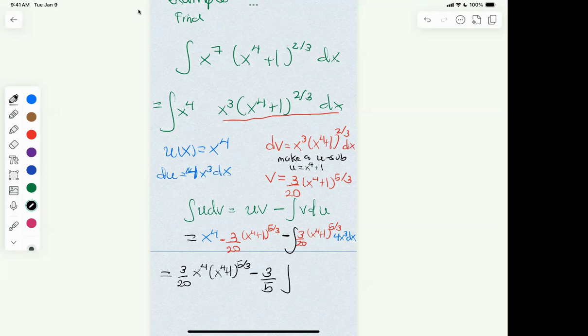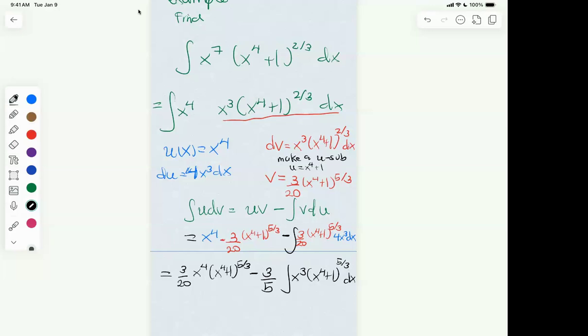If you do the products of x cubed, x to the 4 plus 1 to the 5/3 dx. Five divided by 3. Is that okay? Questions about this?